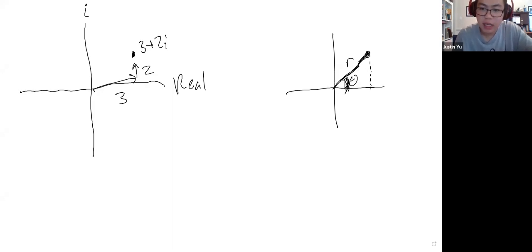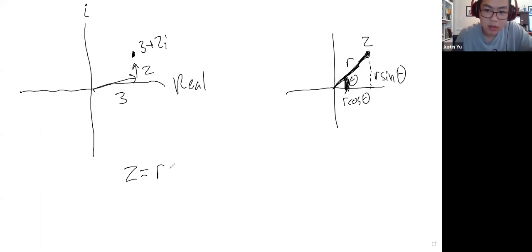This is the angle made between this line and the x-axis. So first off, we can find the x and y coordinates using trig. This is r cosine theta. This is r sine theta. All right, so let's call this complex number z. Z is equal to r cosine theta, this is the real part, plus i r sine theta, this is the imaginary part.